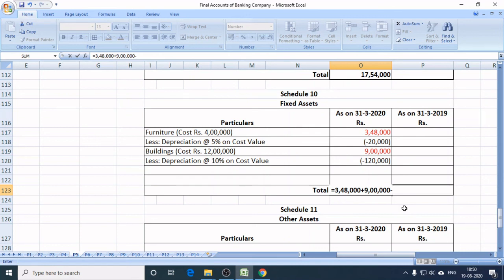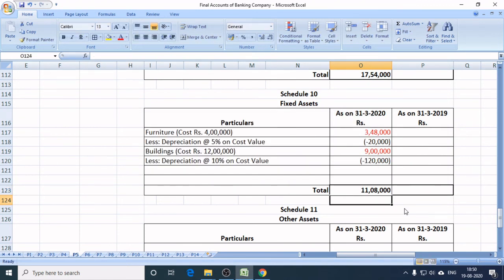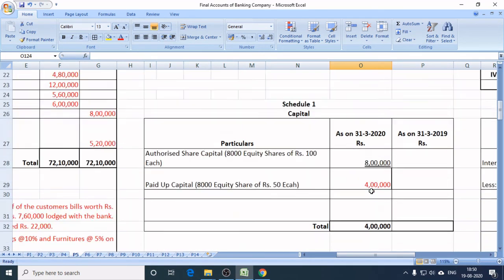Deduct two figures. The first 20,000, then deduct 1,20,000. So net is 11 lakh 8,000. So here show 11 lakh 8,000.